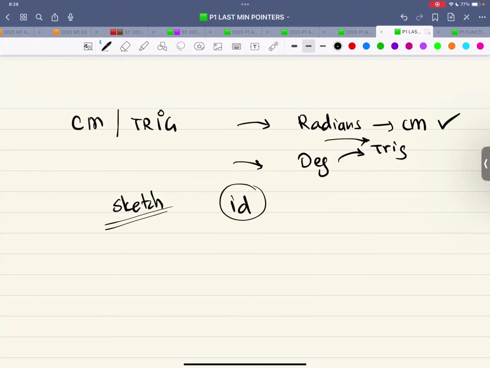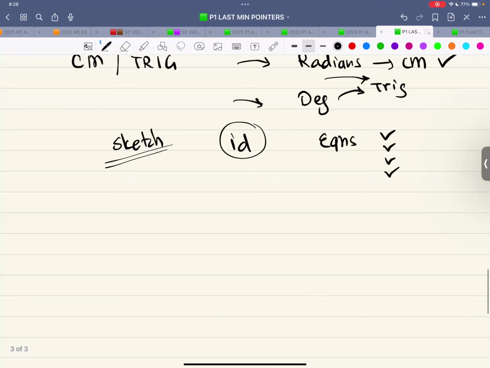Identities, I talked about it in the beginning of the class. Equations, then follow all the 4-step procedure. Then conceptual questions. What do you do with the conceptual questions? You draw a triangle. You use Pythagoras theorem.